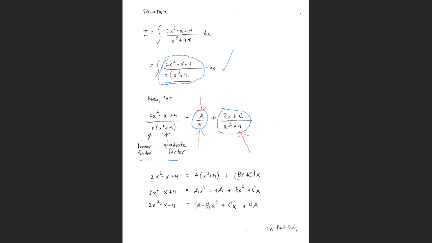Yeah, that's all we're doing here. The x here is a polynomial of degree 1. So above it, we put a constant, which is 1 degree less. That's a polynomial of degree 0. The x squared plus 4, what's the degree of that polynomial? 2. So look what we put above it. We put a linear expression, b times x plus c. That's 1 degree less.